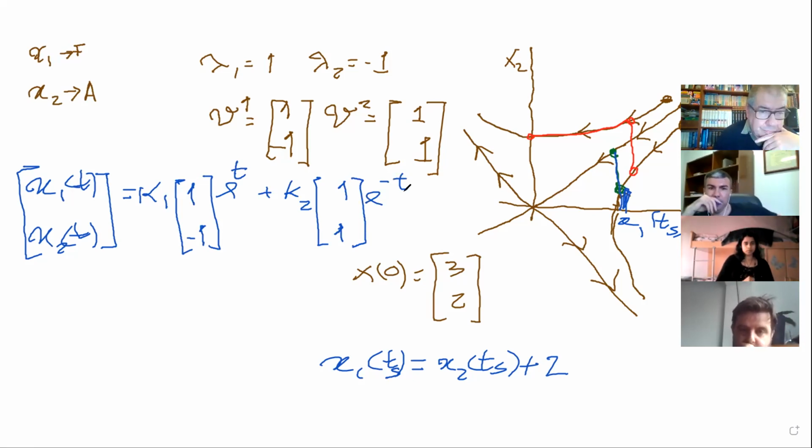Okay. Now we need to know k1 and k2, so we use the initial conditions (3, 2).